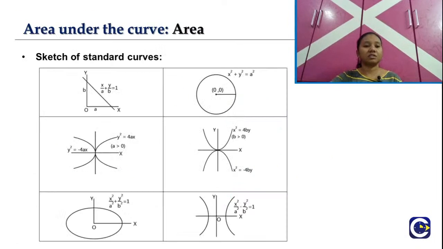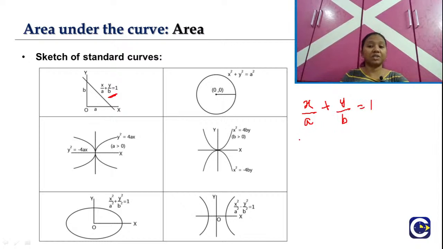So as I mentioned, we are going to start with the sketch of standard curves first, right? Let's see the equation first, what the curve will be, and then we'll see the corresponding figure of it. The first is the equation of a line, x by a plus y by b is equal to 1.